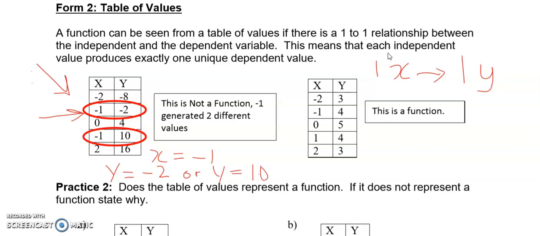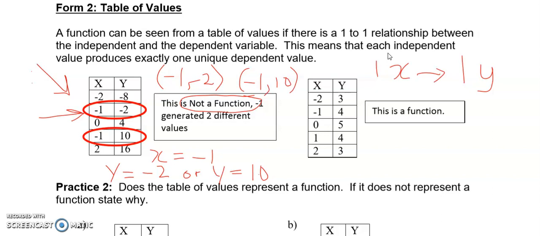All right, you see that? One x value gives you two different y values. So this table of values here is not a function. It's definitely not. Even if you saw it written as points, for example, -1, -2, all right, you see your x and your y, but also -1, 10, you see that?